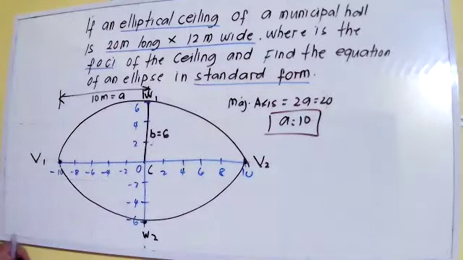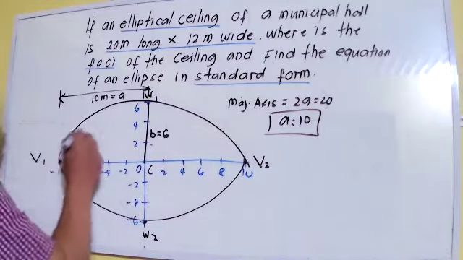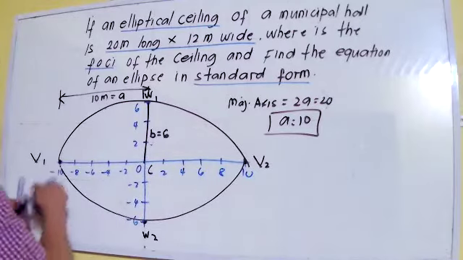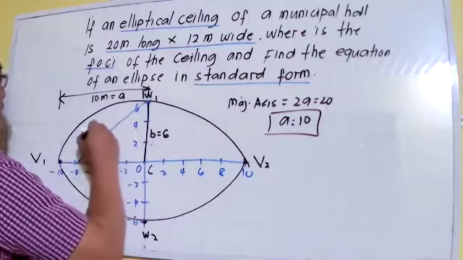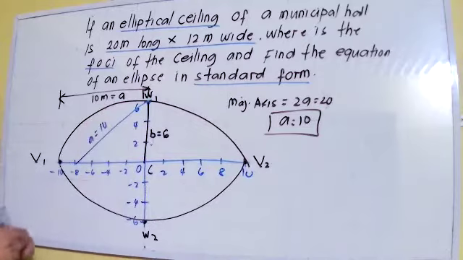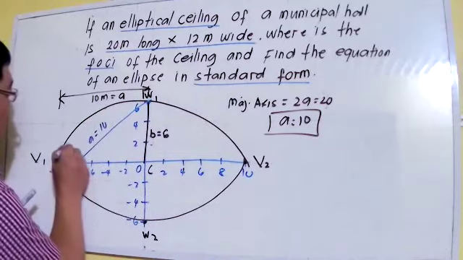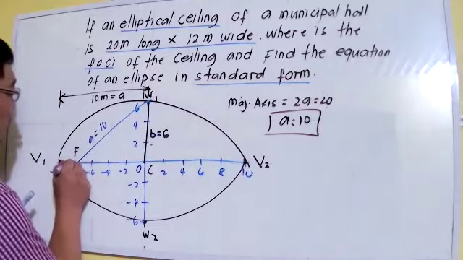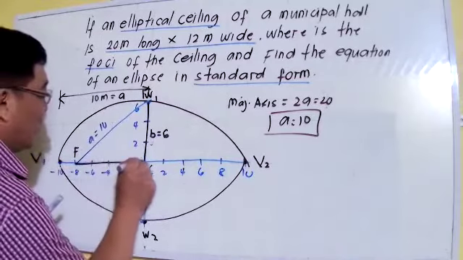Now, ang focus natin is somewhere here. Yung f natin is the distance c. Nasaan ba yung distance c? Ang distance c is from focus papunta doon sa center.